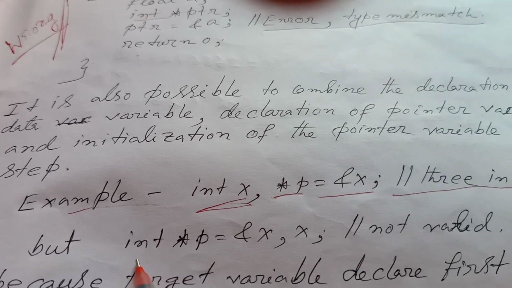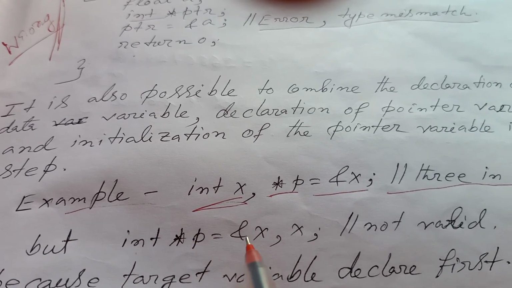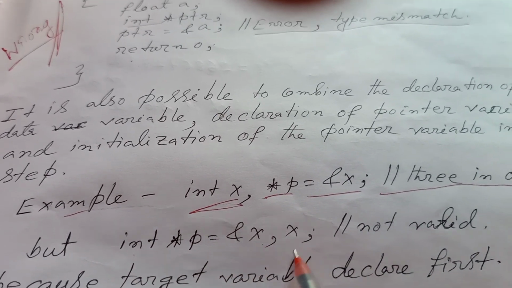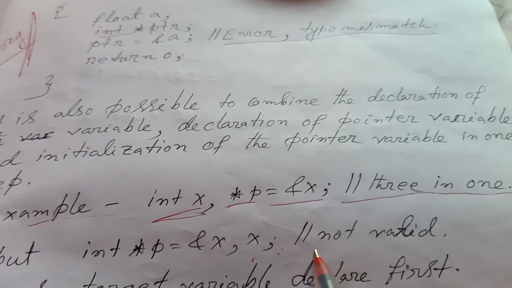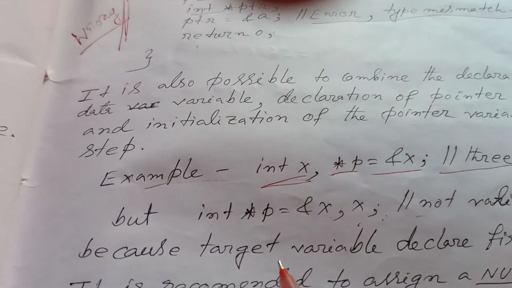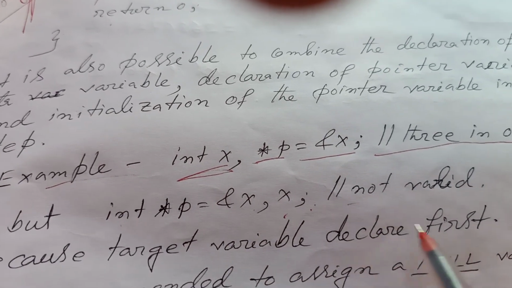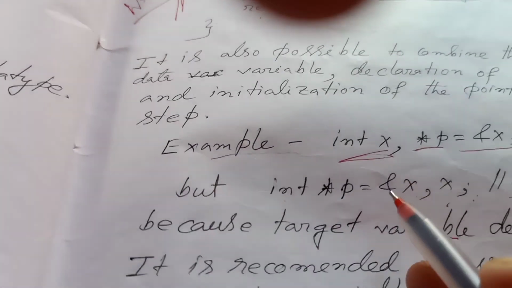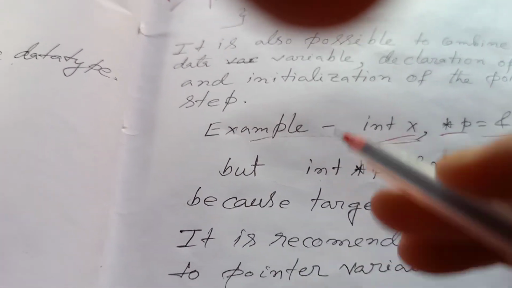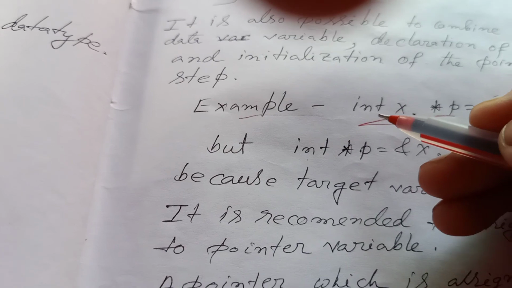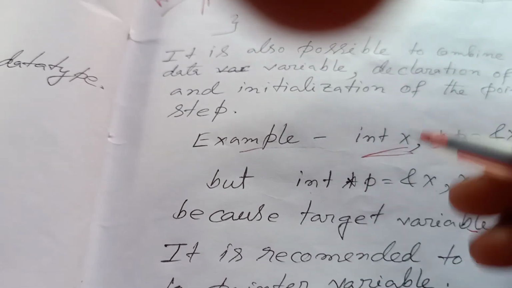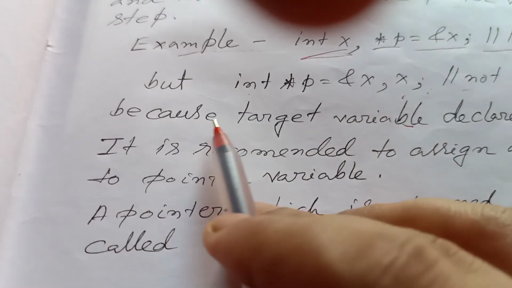But if we write int *p = &x before x is declared, this is not valid because we should declare the target variable first, then the pointer variable. So this is the decorum of declaration of a pointer variable.